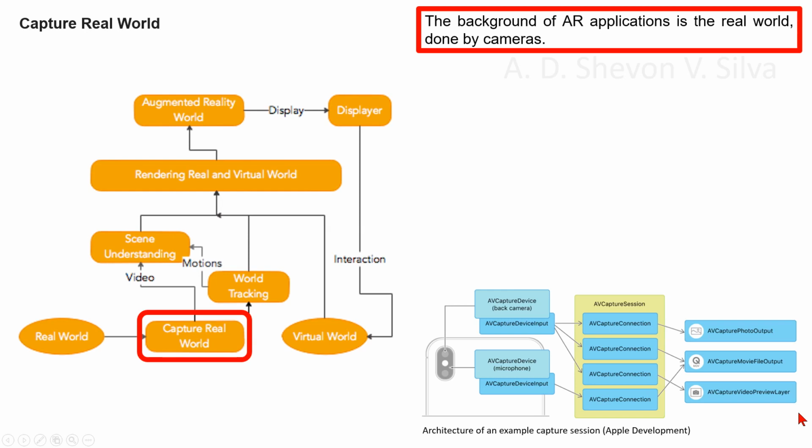Then to use the preview layer with a capture session, set the layer's session property. Note, if your app supports multiple interface orientations, use the preview layer's connection to the capture session to set a video orientation matching that of your UI.